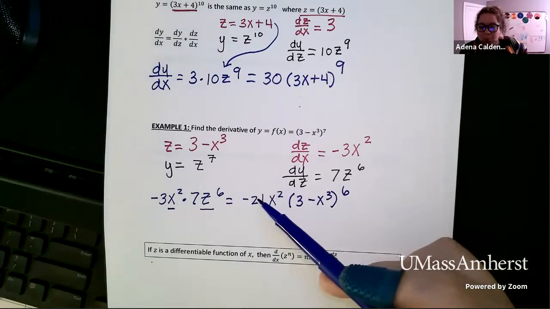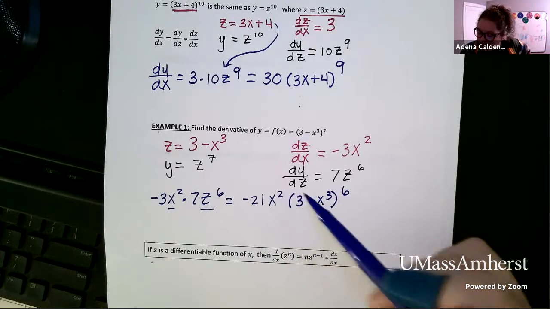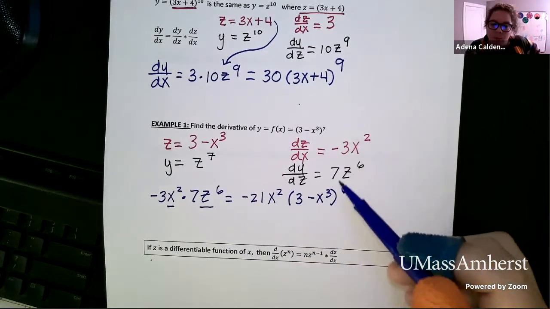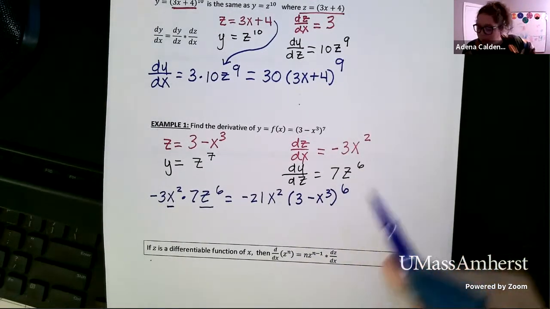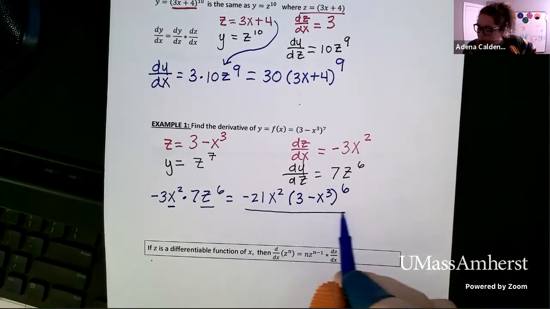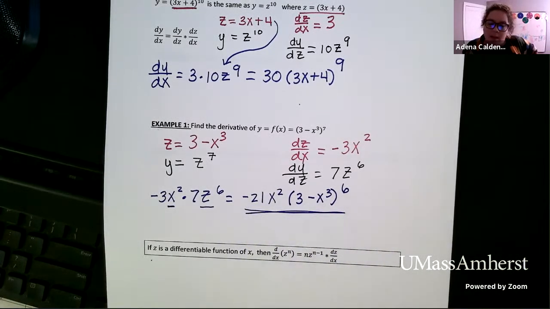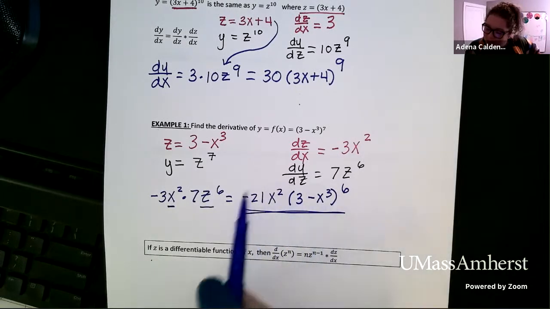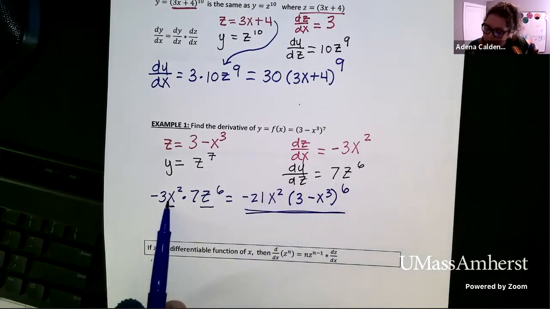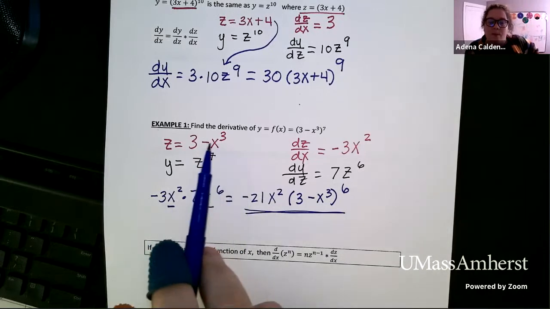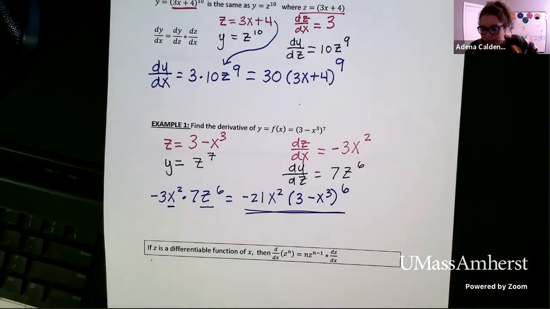We cannot bring in the negative 21 or x squared into the parentheses in any way because of this 6th power. So we wouldn't bring those in. So we would leave our final solution like this. When you have your final solution, you want to make sure it's the same variable everywhere and not two different variables. That's why we have to substitute back in at the end.